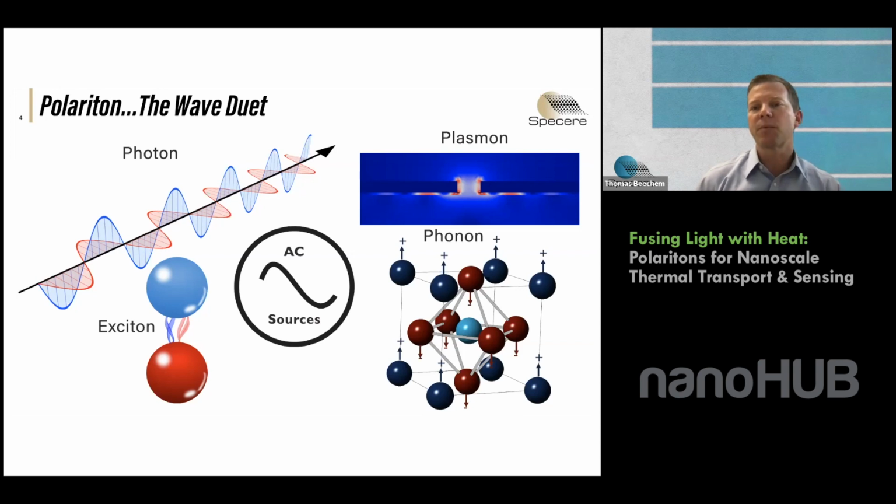But in both cases, we have electronic charge getting sloshed about by the photon at a frequency that allows them to interact, and they create kind of this new energy particle that has aspects of both the plasmon and the photon, or the exciton and the photon, and we can use those to different ends.